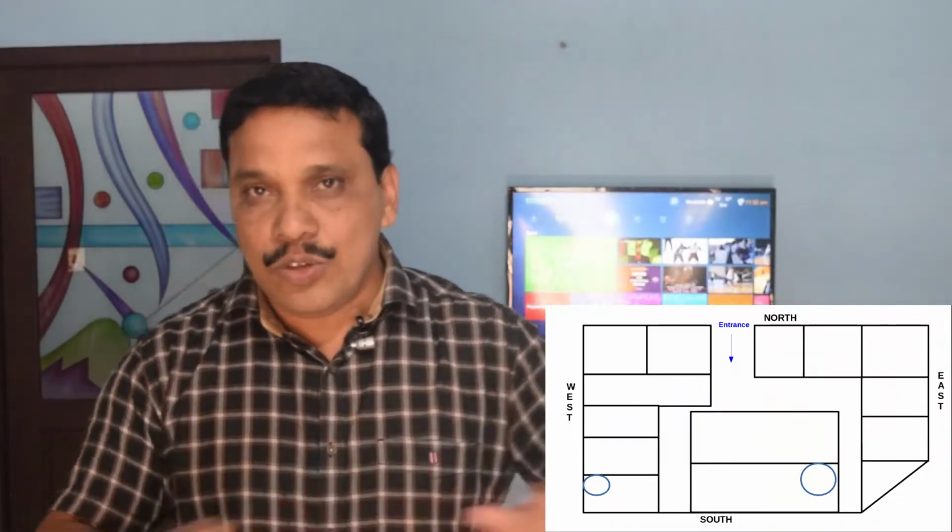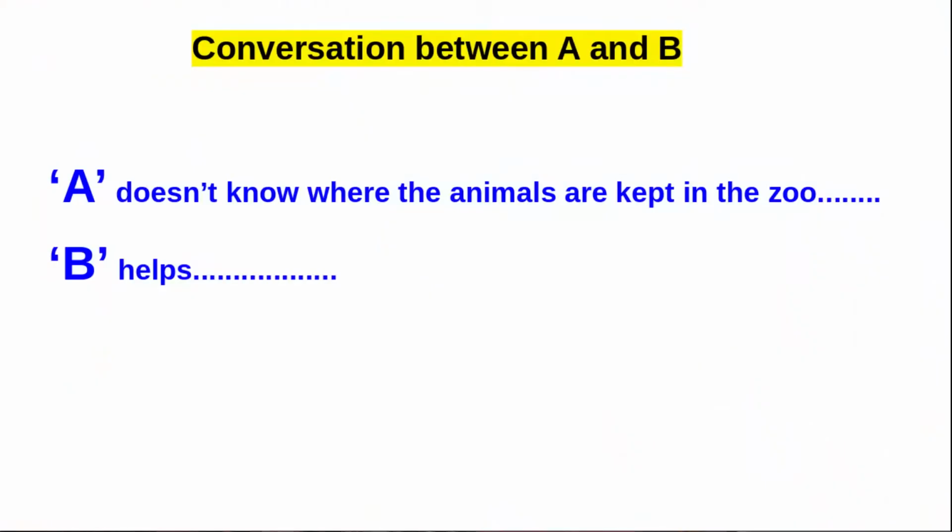A doesn't know what are the animals in which cages. And here Mr. B comes and helps Mr. A, telling the names of the animals in this cage or that cage. So it's a conversation, a dialogue between Mr. A and B.